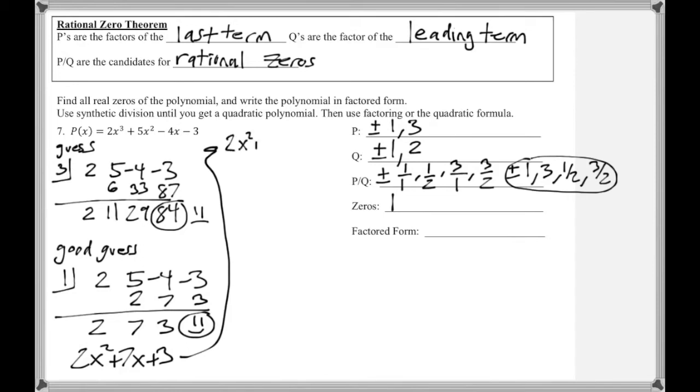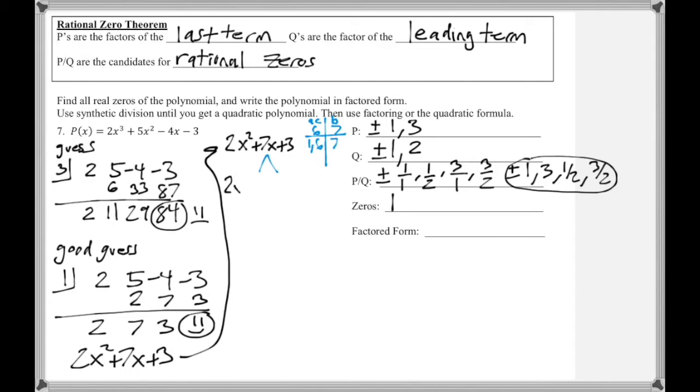So 2x squared plus 7x plus 3, and if I use the AC grouping method, AC and B, AC is 6, B is 7, so 1 and 6 multiply to be 6 and add to be 7. So that tells me how to split up my middle term.